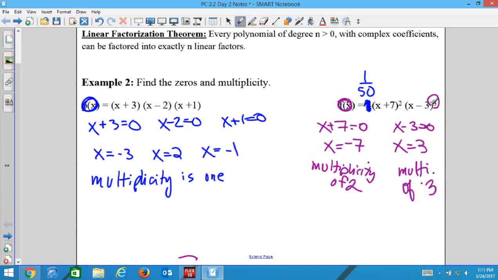Now what does that do to the graphs? Let's discover what it does to the graphs by graphing it on our graphing calculator. Let's do the first one, the one I did in blue. That is where all of them have a multiplicity of 1.